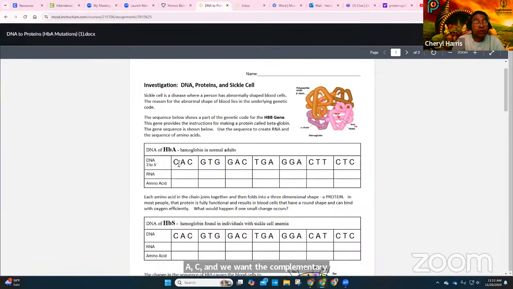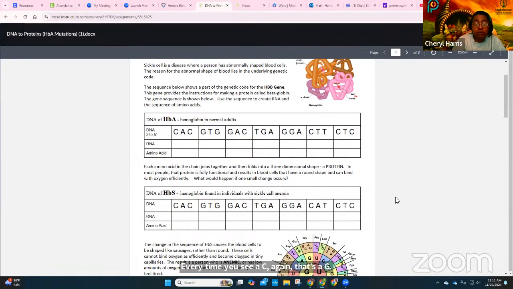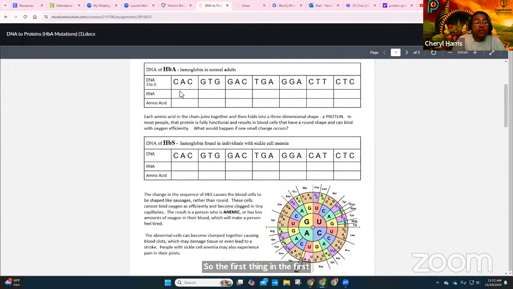If you need to, put a little key on the side that reminds you that every time you see a C, there's a G. Every time you see an A, when you are making RNA, it's a U. Every time you see a C, again, that's a G. So in the first box, the G, U, G is what you should have gotten for the first one.